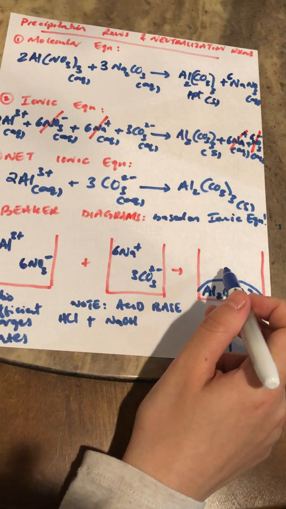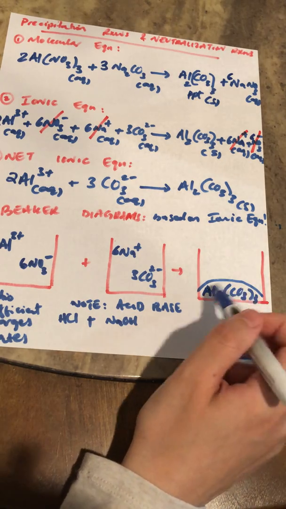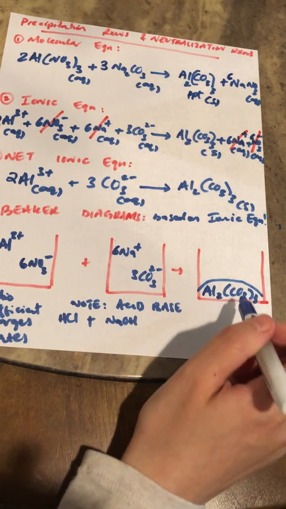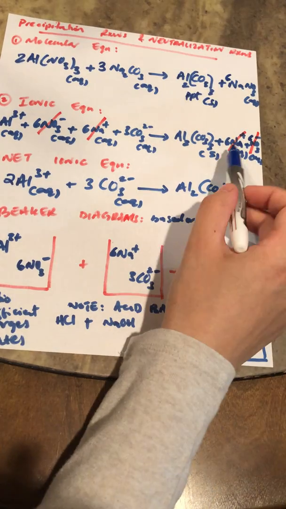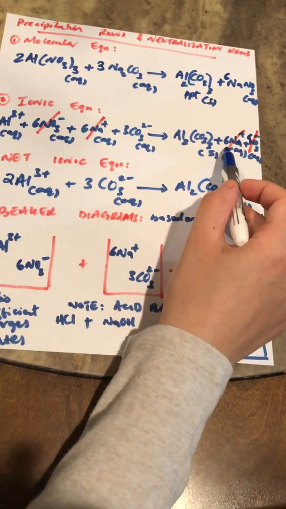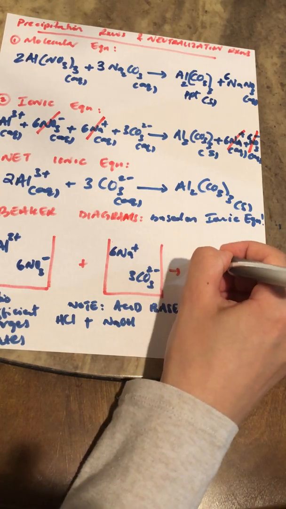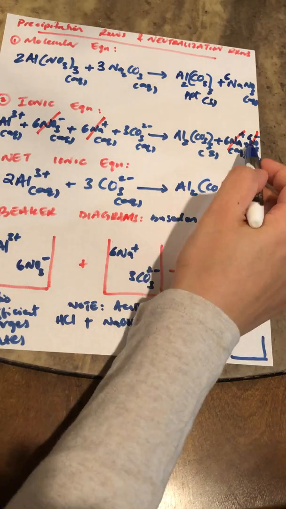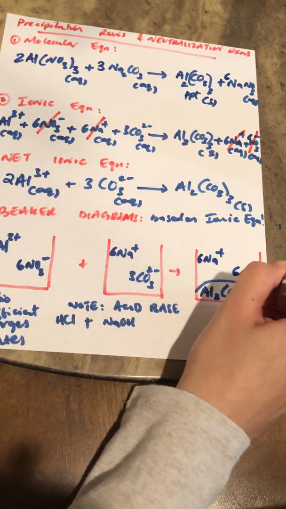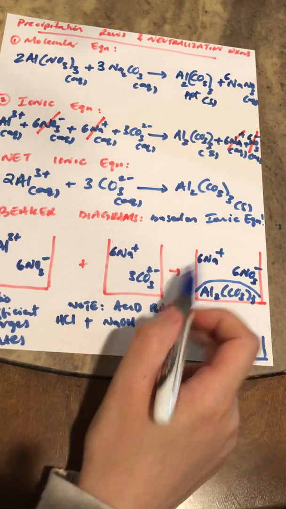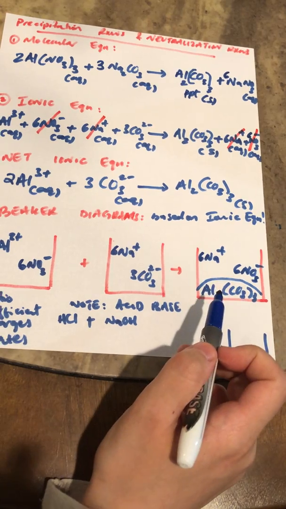So we are going to ignore that 5%. We're just going to assume that the 95% stays at the bottom of the beaker, just to simplify things. Now the other thing we need to include is the 6 sodium pluses, and we also need to include the 6 NO3 minuses, okay? And that would be your full answer over here.